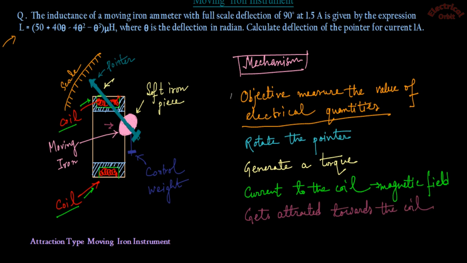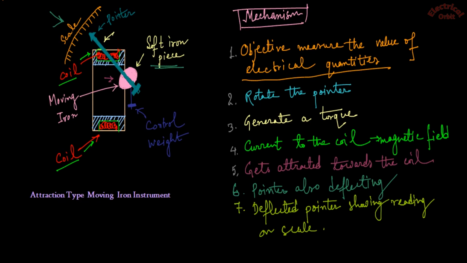So let us name it point 1, this is 2, this is 3, 5. So when the soft iron piece gets attracted towards the coil, the pointer attached to the soft iron piece is also deflecting. When the pointer is deflecting, it is showing a reading on the scale. So the thing is, I think, very clear to you.